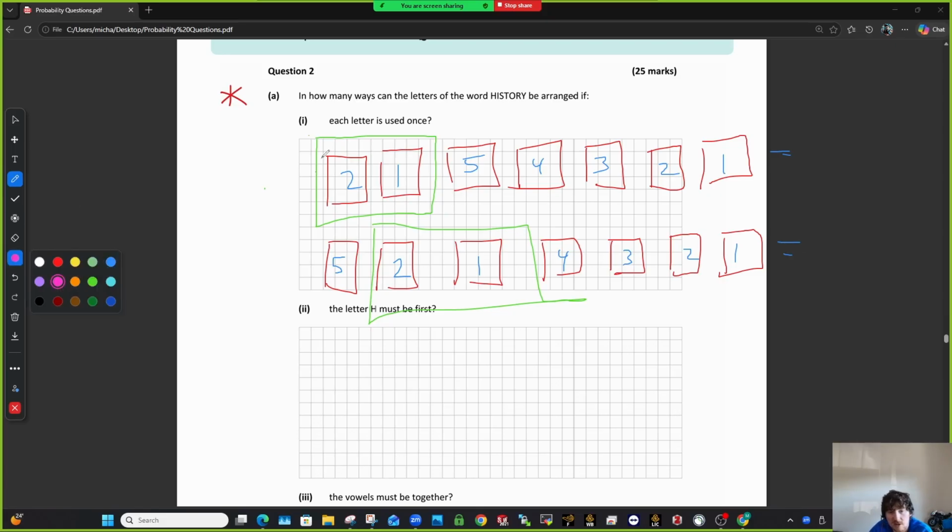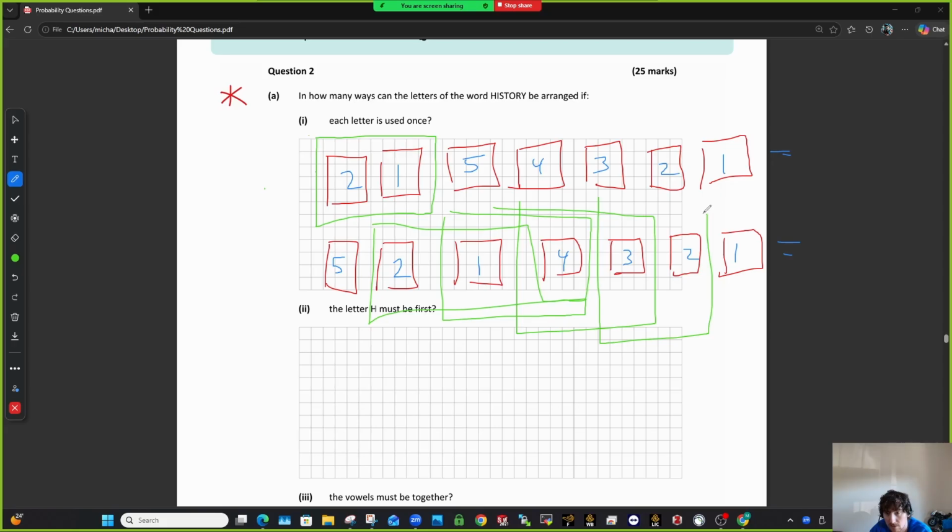So this question is really about working out how many places this green box can move to. We showed you it could move to 2 places there. It could also be here. That's 3. It could also be here. That's 4 places. It could also be here, 5, and it could finally be here, 6. So all you've got to do is 6 times whatever one of these was.